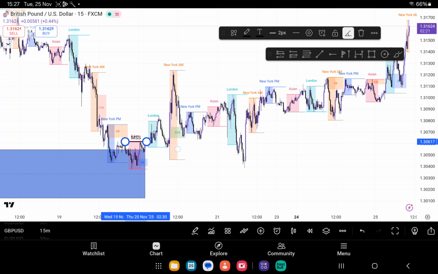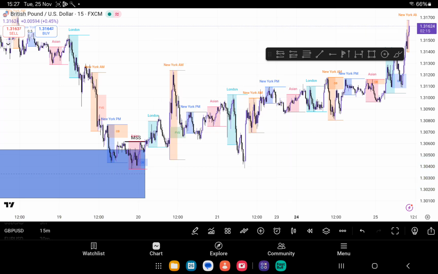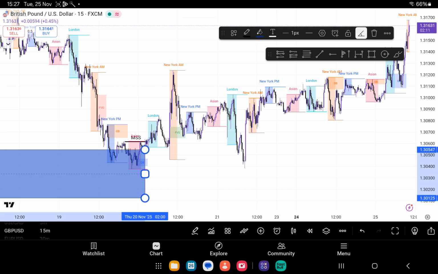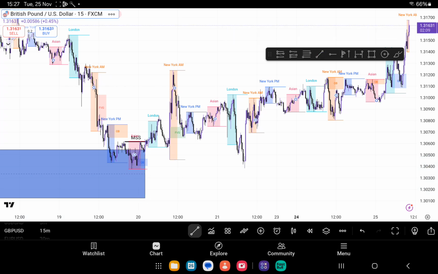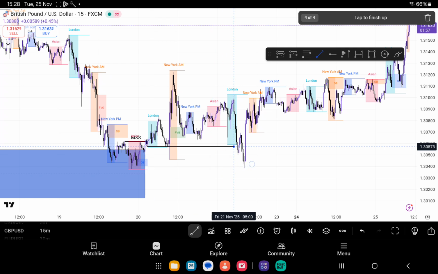We focus on this particular market structure shift because it happened inside of our 4-hour order block. I hope we are getting it right. What are we going to look for next? We look for our inducement. And where is our inducement? We get our inducement after the market structure shift. So we know, okay, this is our inducement here.